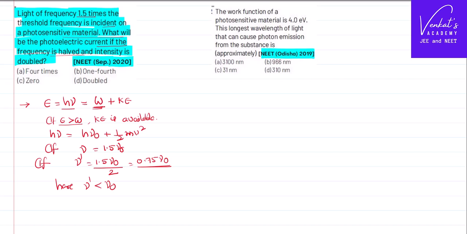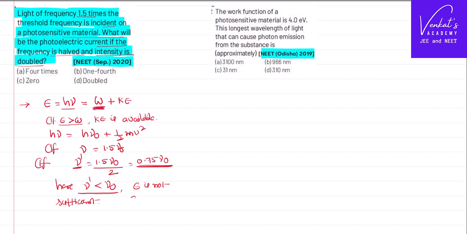As the incident frequency is less than the threshold frequency, whatever the intensity is, when the intensity is doubled, there are more photons available, but each one has a frequency less than the threshold frequency. The given energy E is not sufficient to remove the electron against the work function.